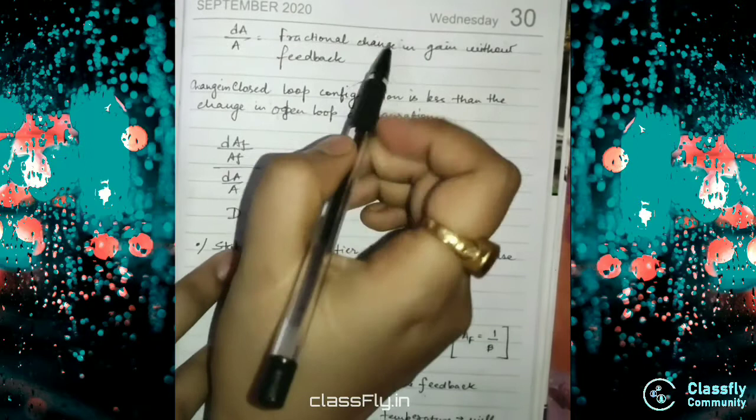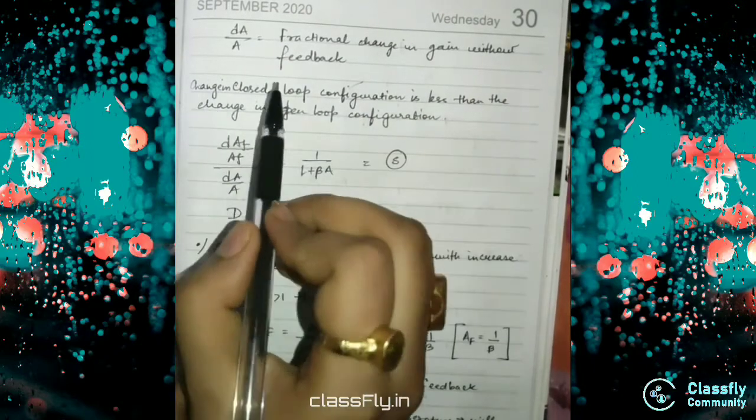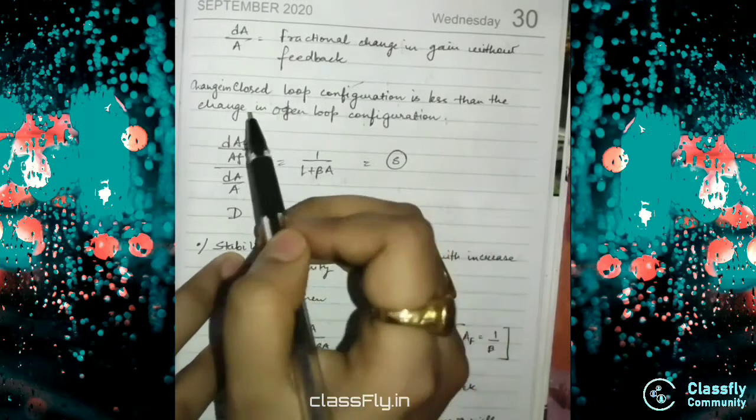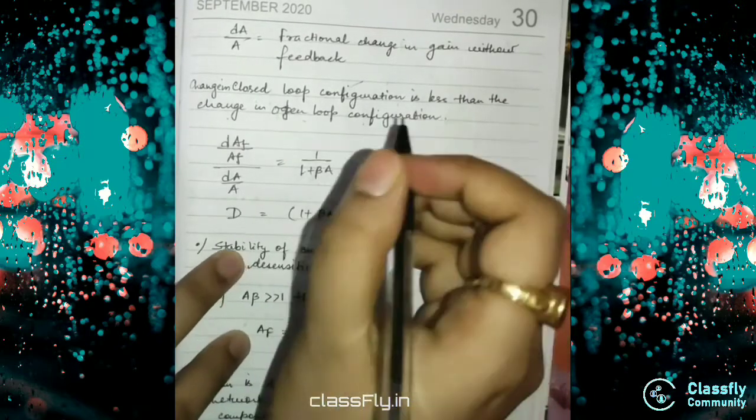So you can simply say that the change in closed loop configuration is less than the change in open loop configuration.